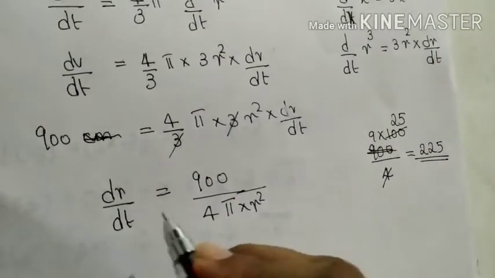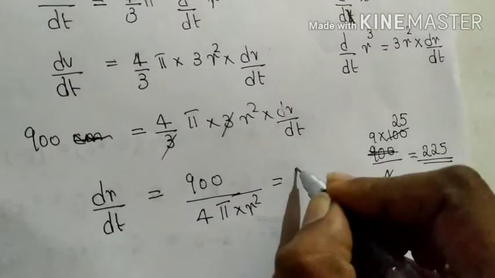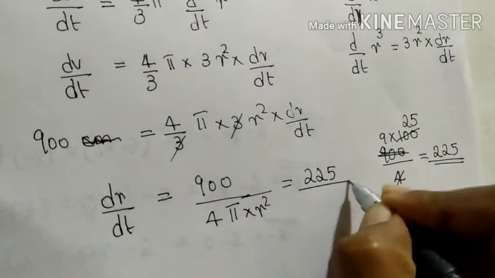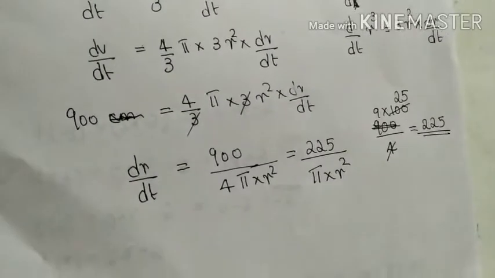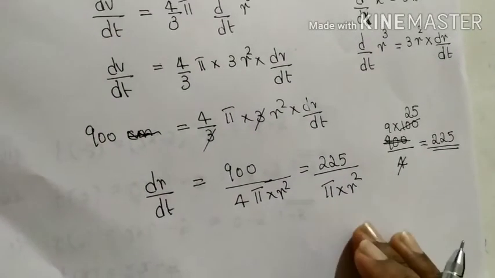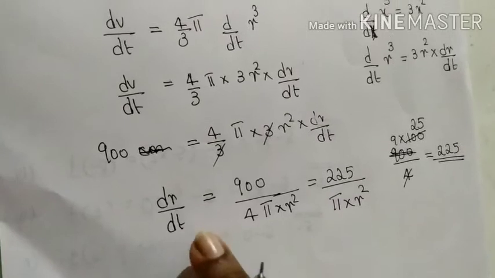So this will become dr by dt equal to 225 by pi r square.